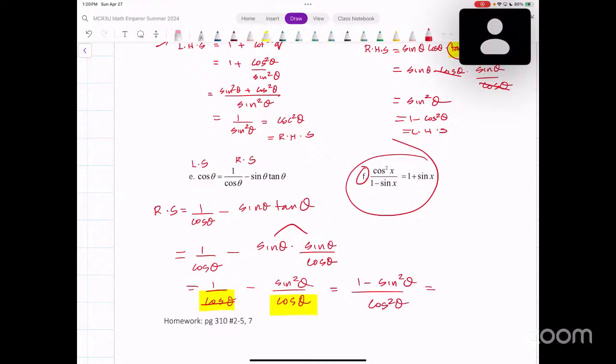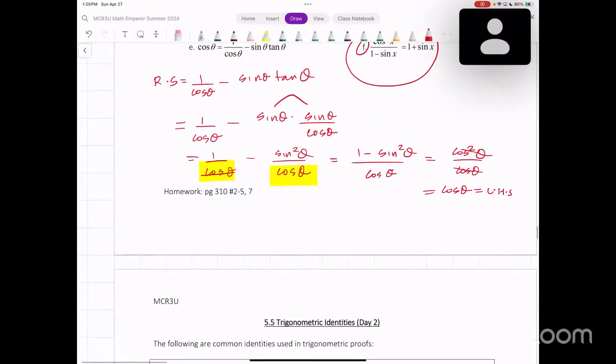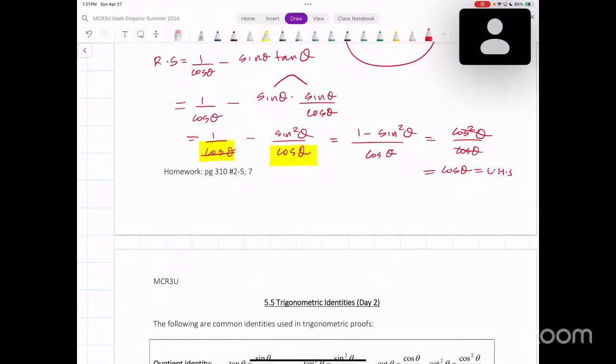We know 1 minus sine squared theta is cos squared theta, isn't it? My bad, on the denominator it's supposed to be cos theta, not cos squared theta. Which is my left-hand side, isn't it? Are you following that?